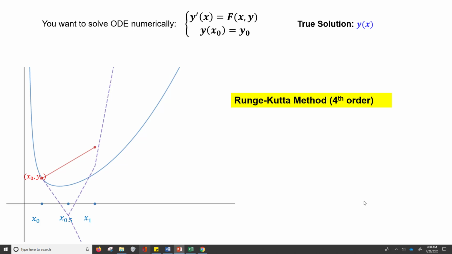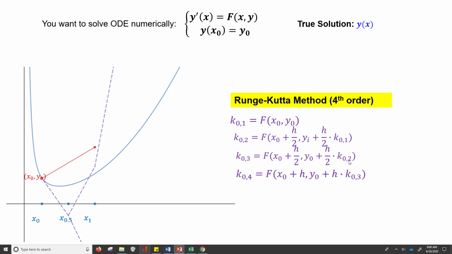All right, so the Runge-Kutta method of 4th order uses 4 slopes. Here they are. The first slope is the slope of this line. It's just the big F evaluated at x sub naught, y sub naught. The second slope is this line. It's big F evaluated at x sub naught plus h divided by 2, and then y estimated with Euler's method, but for h divided by 2 using the previous slope.